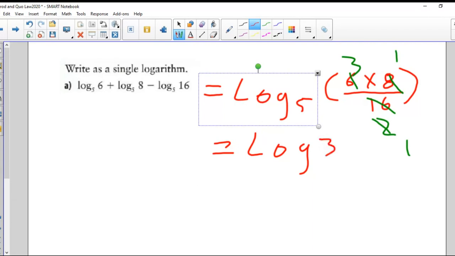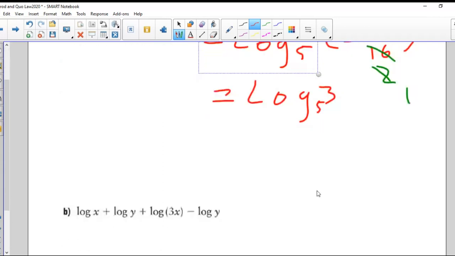Okay, so if, on a calculator, I found the log base 5 of 6, added that to the log base 5 of 8, and subtracted the log base 5 of 16, at the end of it, it will be the same thing as the log base 5, it has to have a 5 there, of 3. Thank you, Alexander. So it's a log base 5 of 3. All right? So pretty simple, nothing spectacular there.